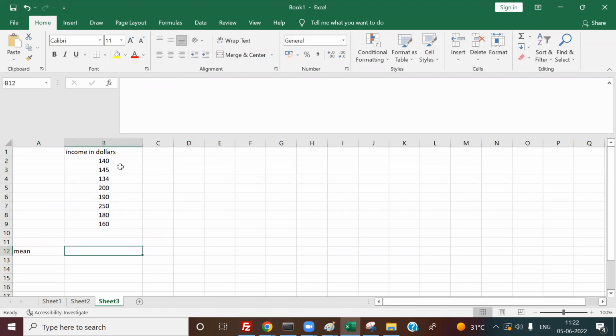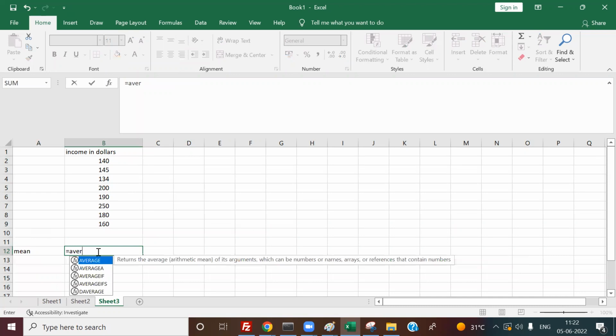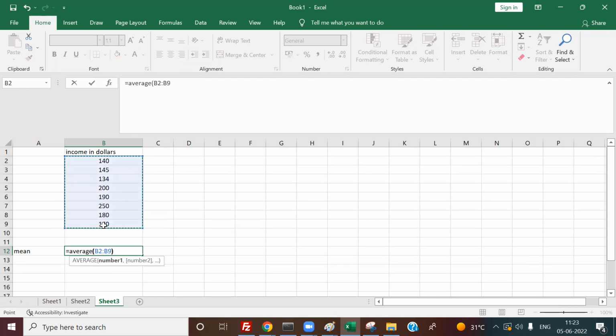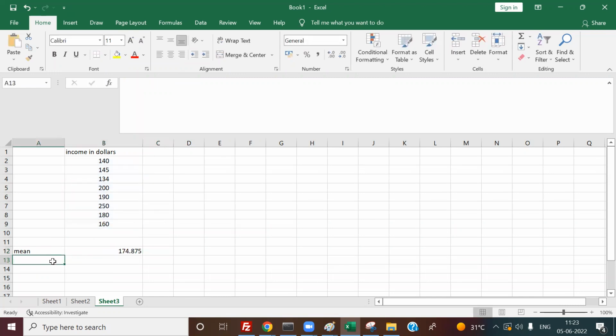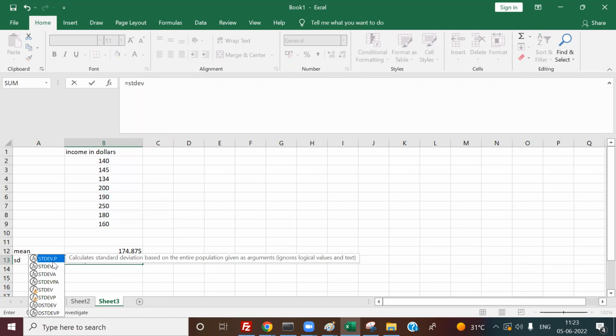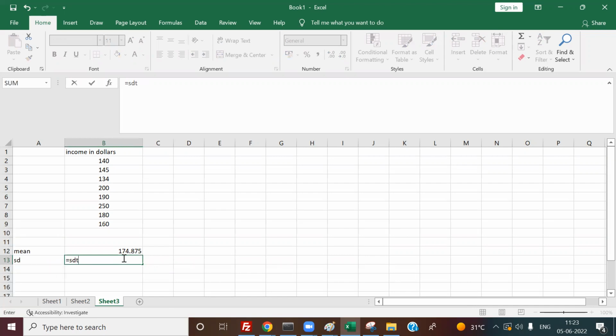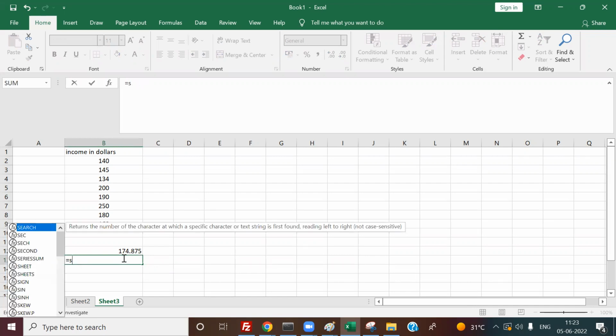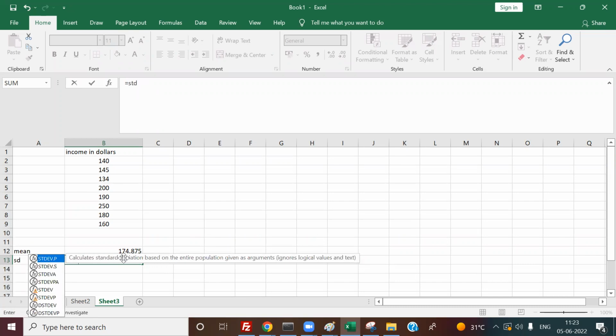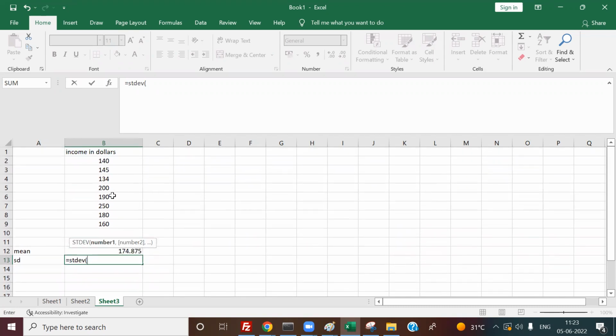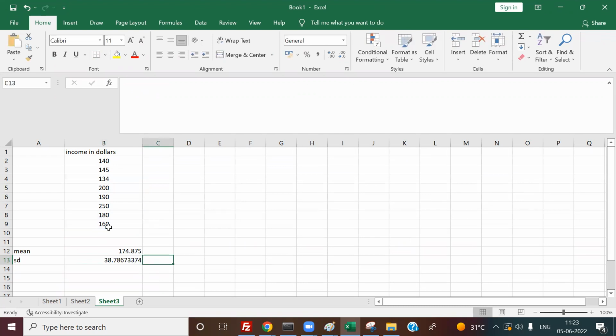The mean is 174.875. And what is the standard deviation over here? The standard deviation is this much.